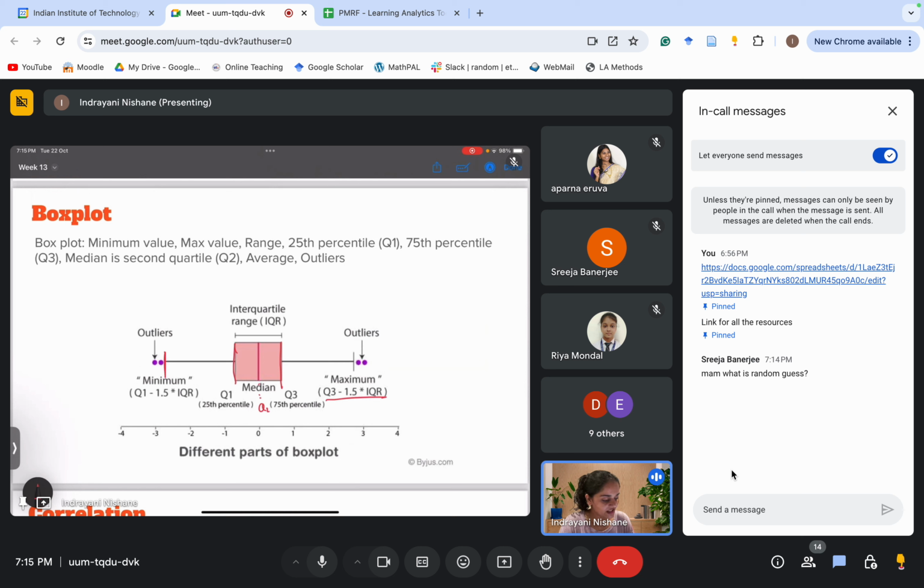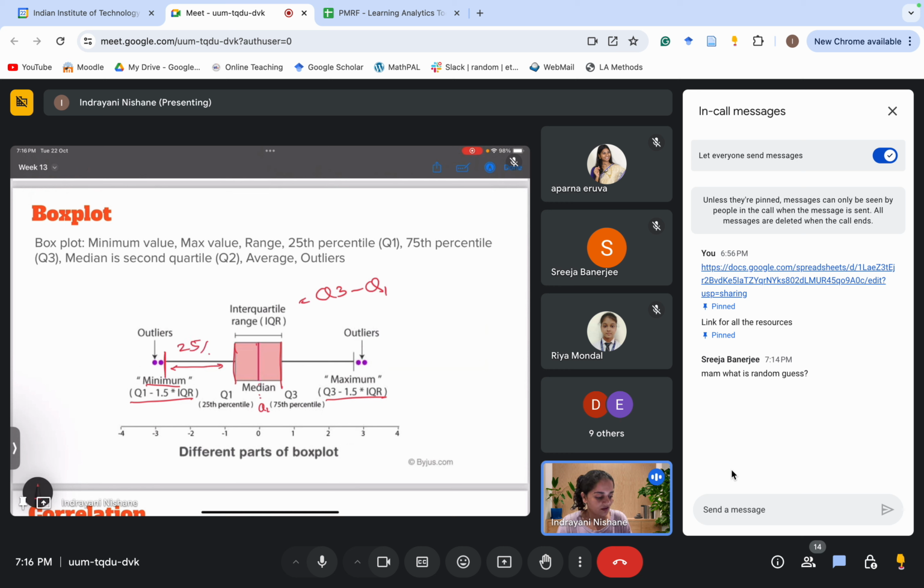This formula is for the maximum value and minimum value of the data points, and the interquartile range is Q3 minus Q1. Median is when we arrange our data in ascending or descending order, the value which comes in the middle is called the median. 25% of the data lies between the minimum value and Q1.